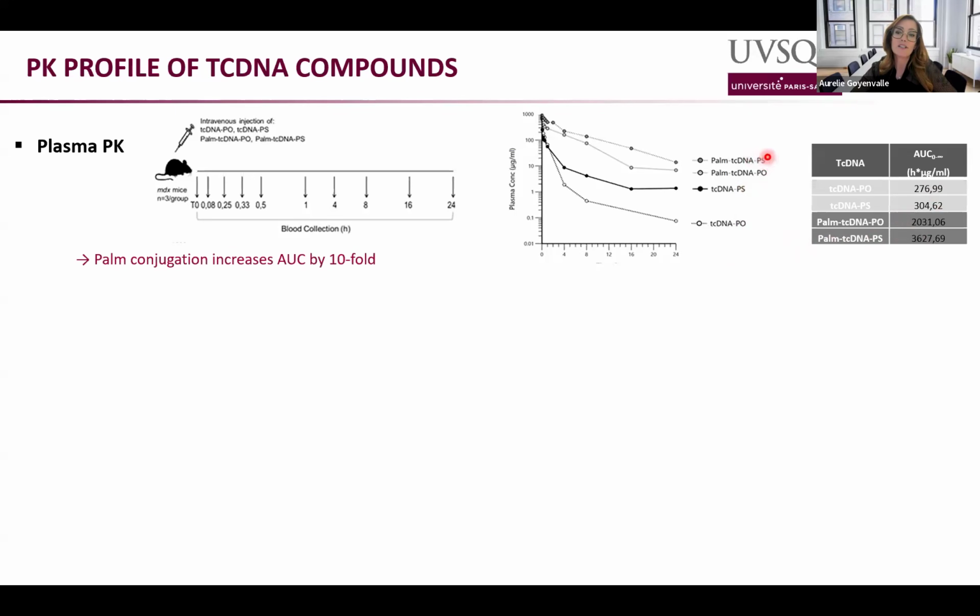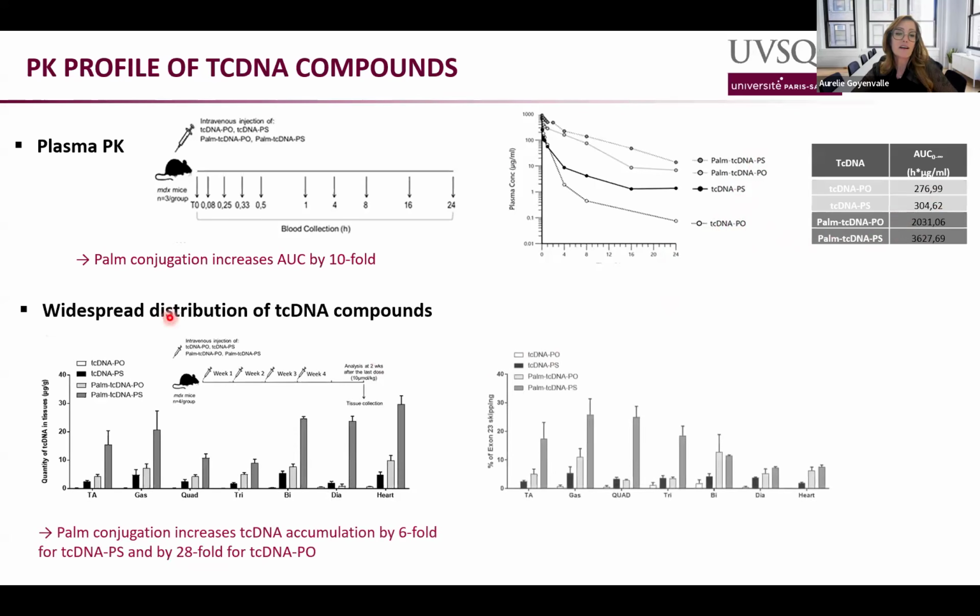So the palm tcDNA PS was 10-fold higher than the naked PS, and similar for the PO. And that correlated with a widespread distribution of the compound and a higher distribution to the muscle tissue, as you can see here. So here's the amount of compound that we detected in the different muscle tissues, skeletal muscle and heart.